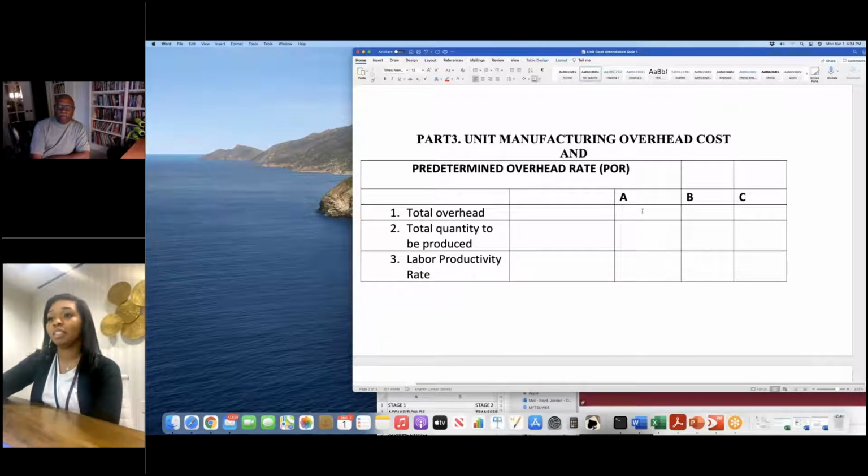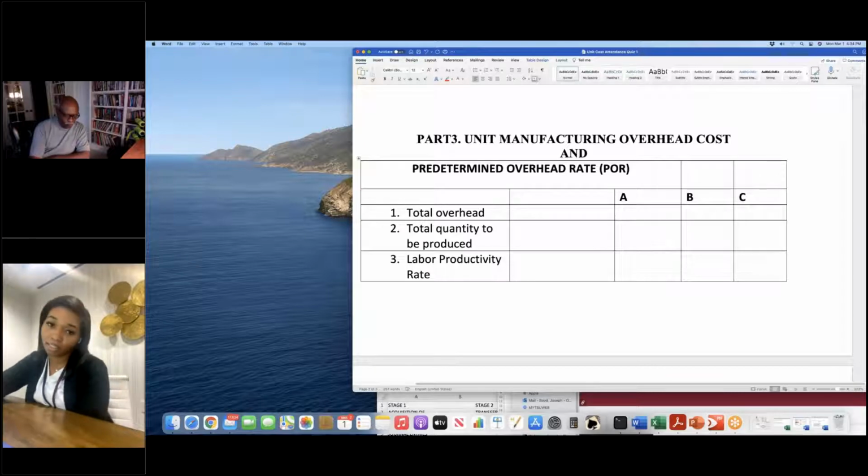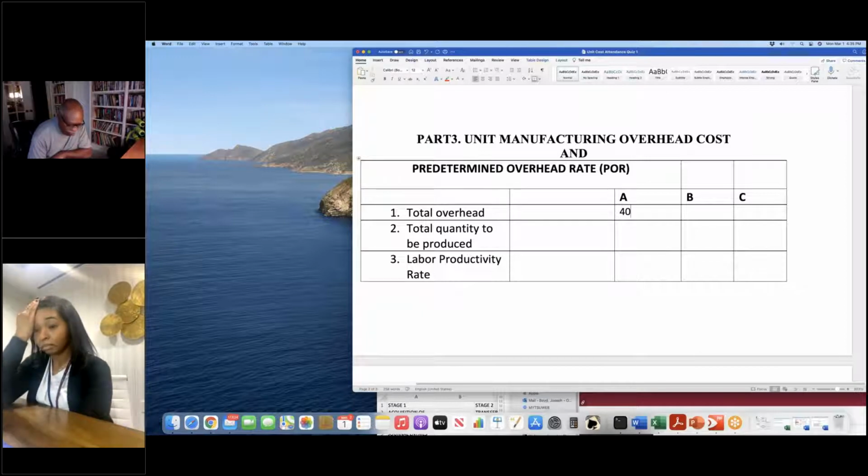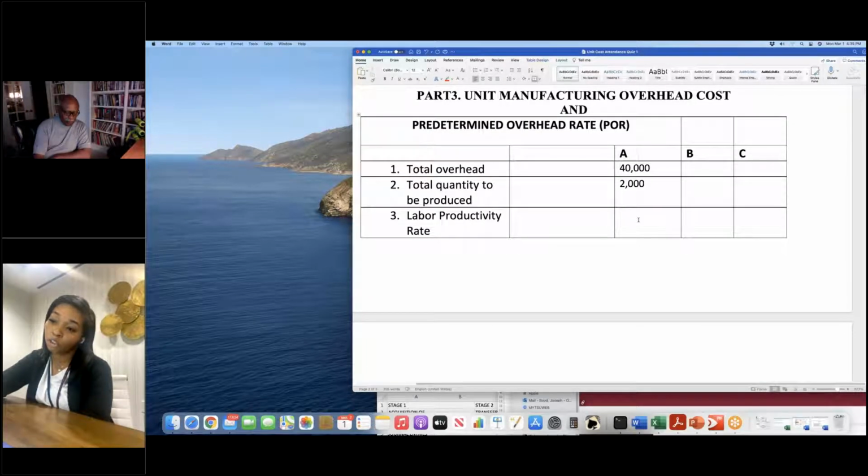And the total overhead was what? 40,000. Quantity to be produced? 2,000. Labor productivity rate? 2.